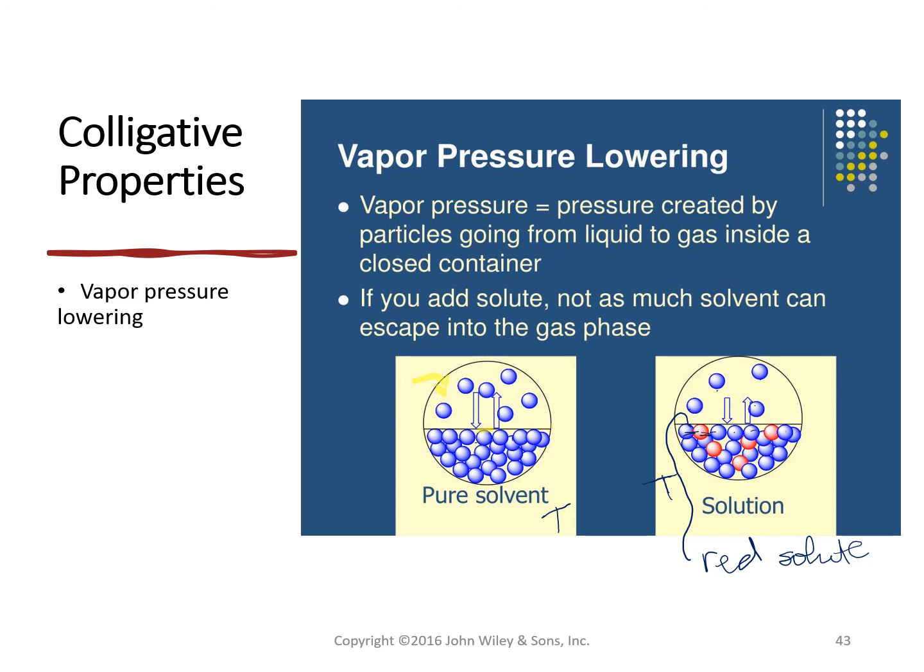So basically the bottom line with this is that when I have a solution, at that same temperature, I do not have the ability to go into the gas phase as easily as if I were pure solvent. So that's why my vapor pressure is lower.